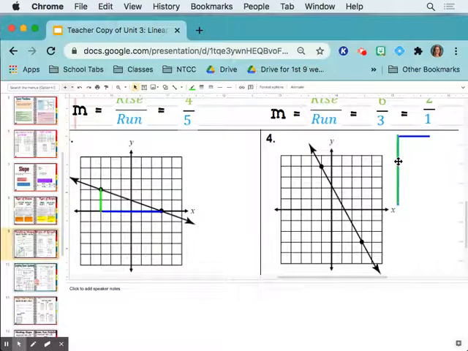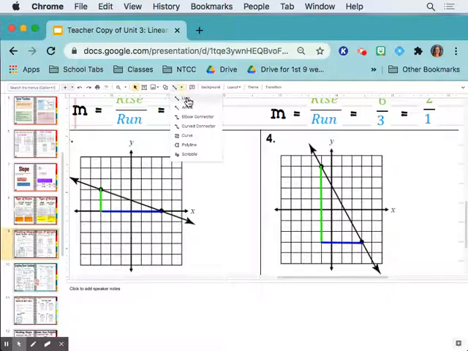Okay, and this one, the rise, it's actually a fall. So you are going down and always go right. Okay, so how many does it go down? 1, 2, 3, 4, 5, 6, 7.